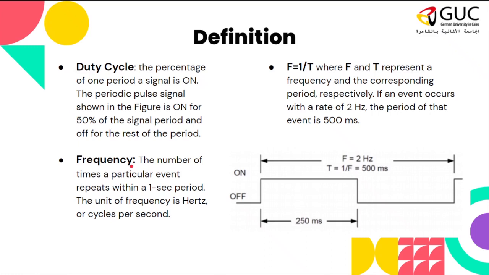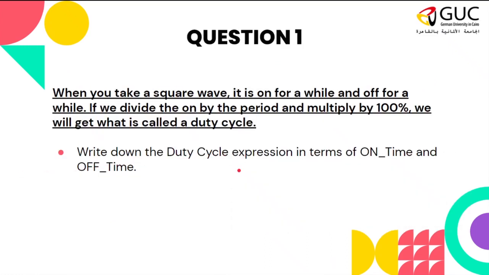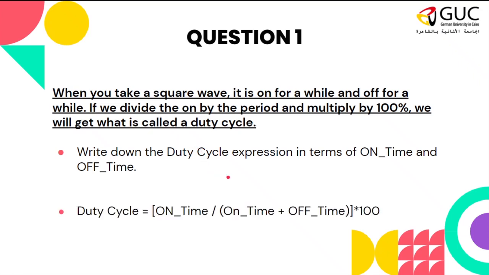Let's have a look at this question. It says, when you take a square wave, it is on for a while and off for a while. If we divide the on time by the period and multiply it by 100, we get what is called the duty cycle. The question is, write down the duty cycle expression in terms of on time and off time.